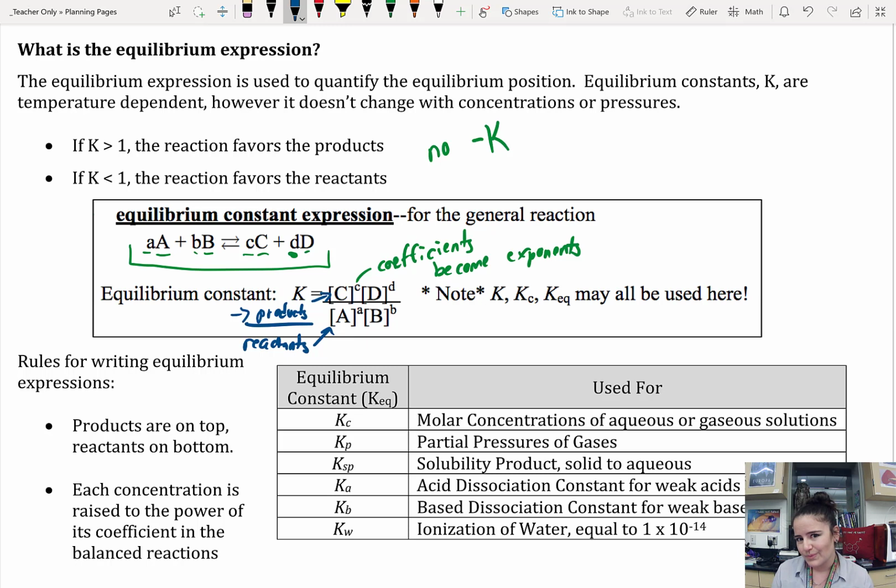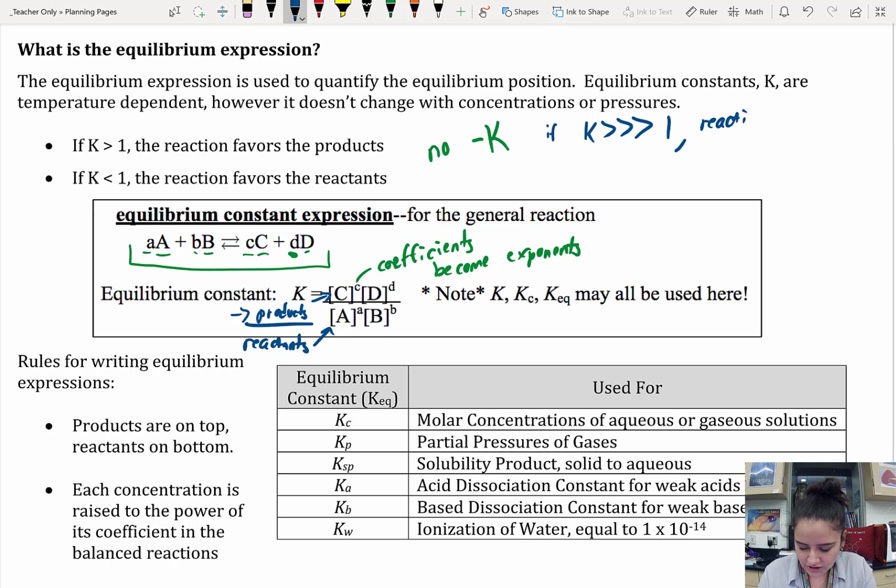Now, what's also important to note about this, sometimes K is going to be much, much, much greater than 1. If K is much, much greater than 1, that really means it strongly favors the products, aka it's a one-way reaction.